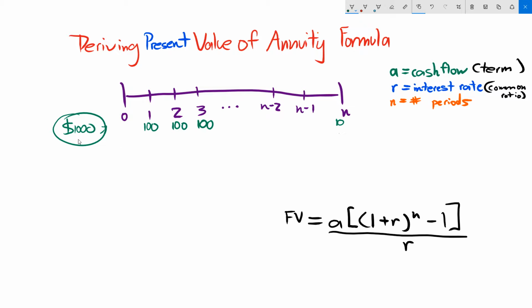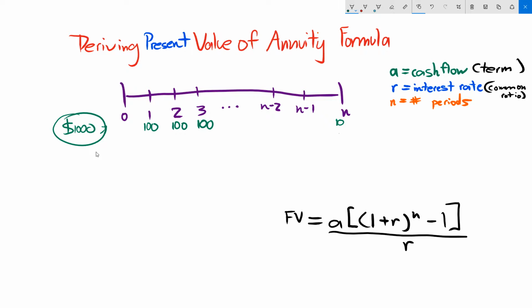So you'd want to be earning some kind of interest rate to make this worth it for you, so that you're going to be making money out of this transaction. And that is essentially called present value, because the present value is worth more than the nominal value in the future. You've got to discount it by some kind of interest rate. So that's the idea of present value.